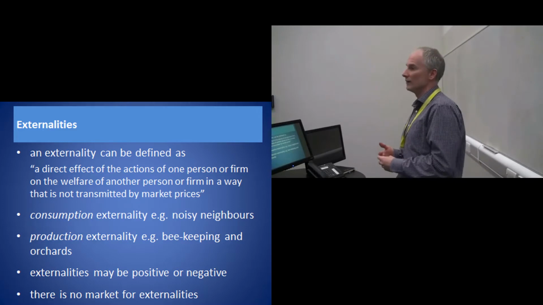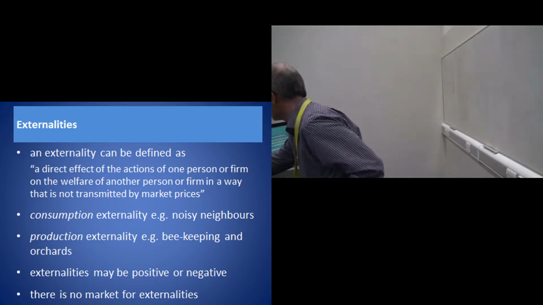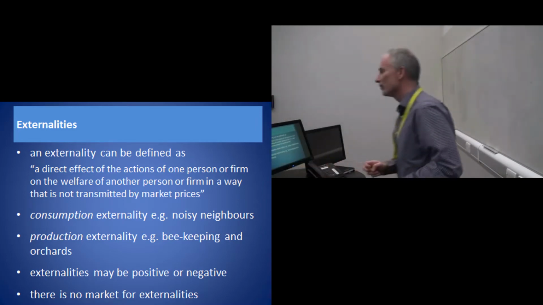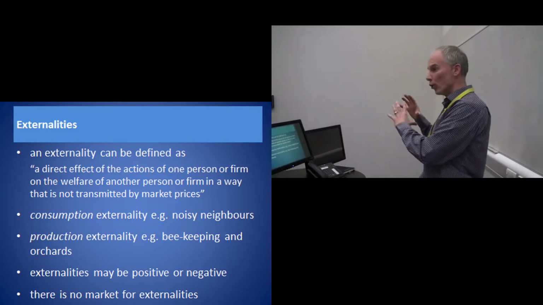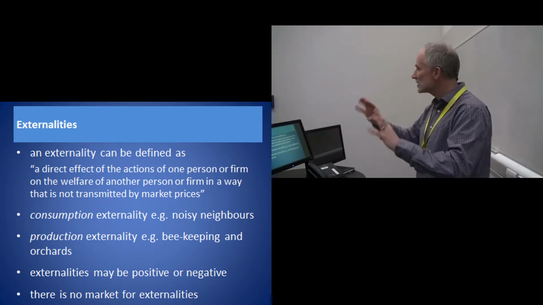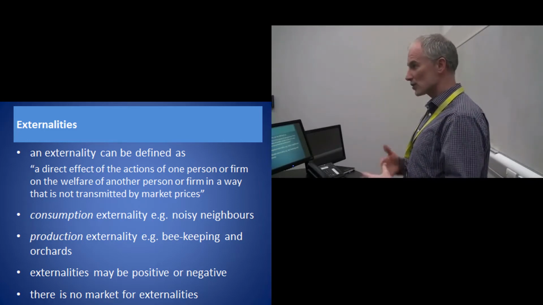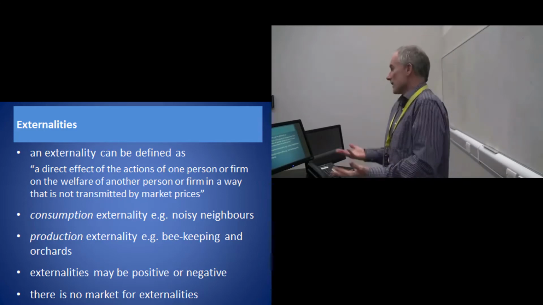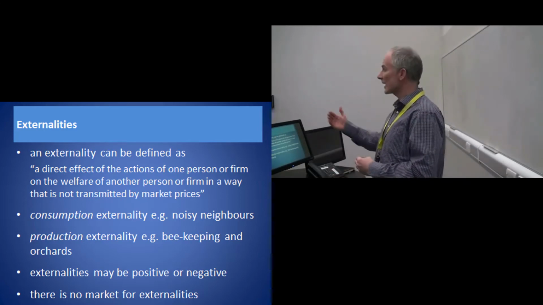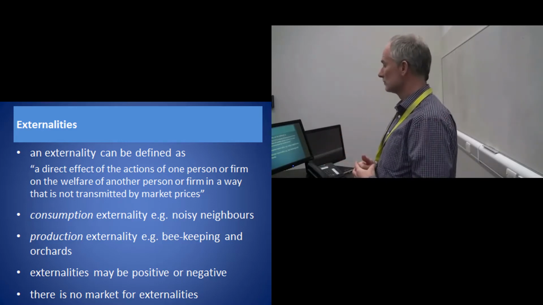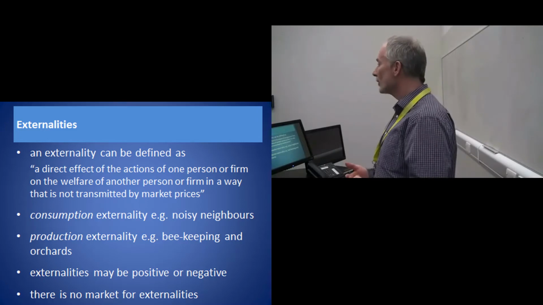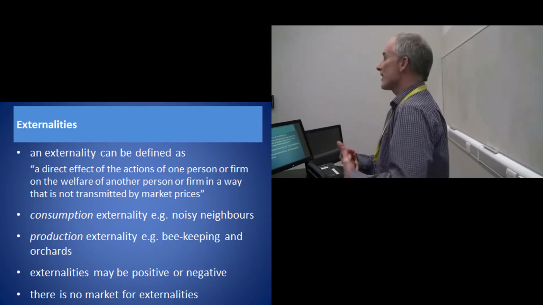A good idea of what production externalities are and how they arise relates to the idea that you will often see beekeepers and orchards located next to each other. The idea here is that bees, in order to produce honey, need to collect pollen. And where do they get that from? They get it from trees. And what do the owners of tree orchards require for their fruit to grow?